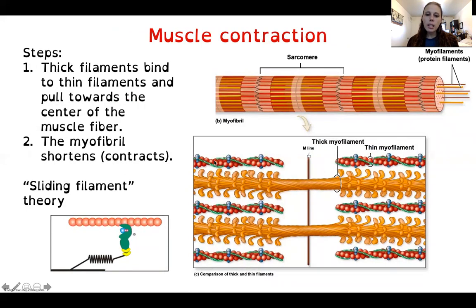But you can see that the thin filaments and the thick filaments are overlapping each other. Now, what happens is that these filaments will slide past each other towards the center of the sarcomere. And so they're basically going to shorten the length of the sarcomere. So the thick filaments stay in place while the thin filaments are going to come closer to this M line.